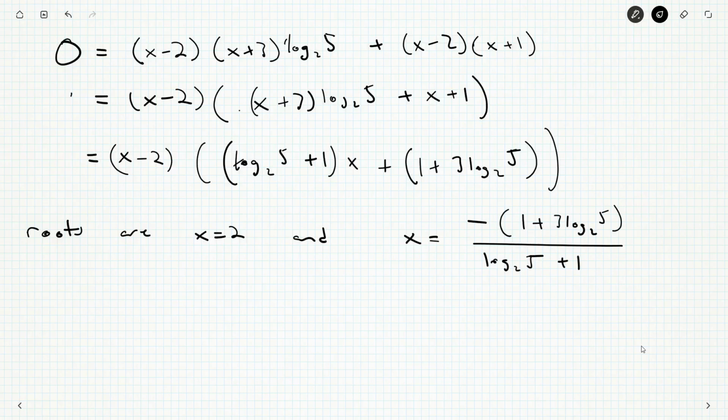plus 1. But I can simplify this because 1 is just log base 2 of 2. So I can say this last one here is negative 2 times 3, 2 times 5 to the 3, so that's 250.